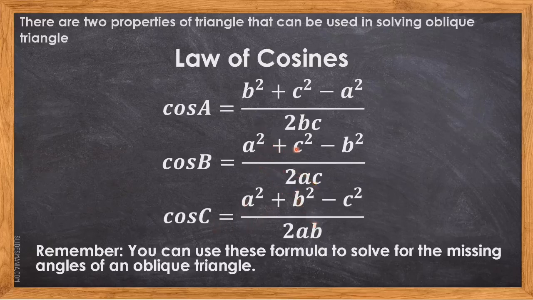So, A squared plus C squared, yung nasa baba niya, A at C. Cosine of B, angle B, ang nasa dulo niya, minus B squared. So, cosine of C, nasa baba niya, A and B, ang nasa dulo, C squared. Okay, so yun yung gagamitin natin when we are solving the missing angle of an oblique triangle.